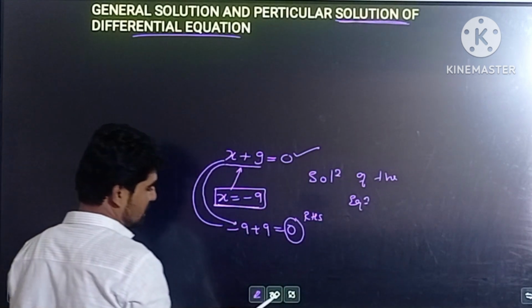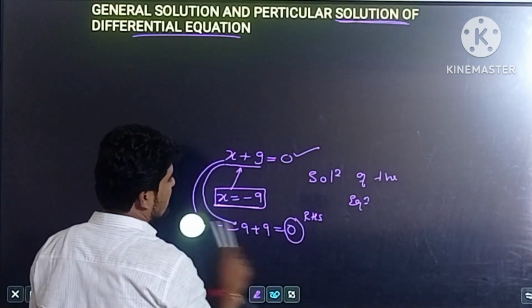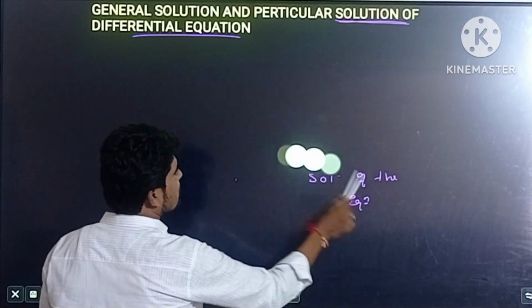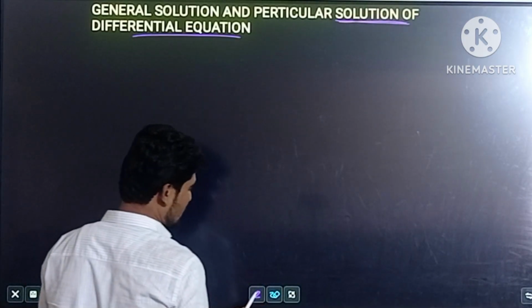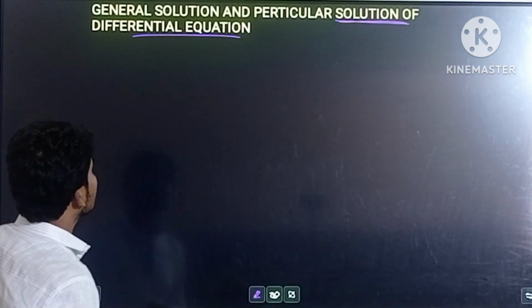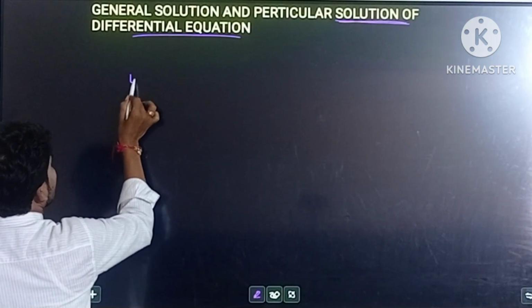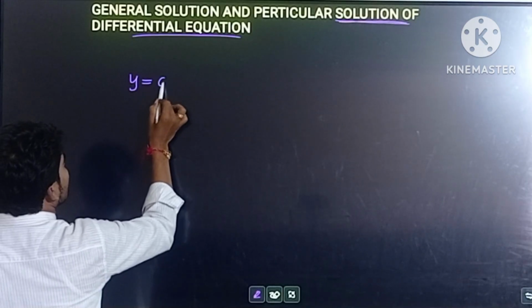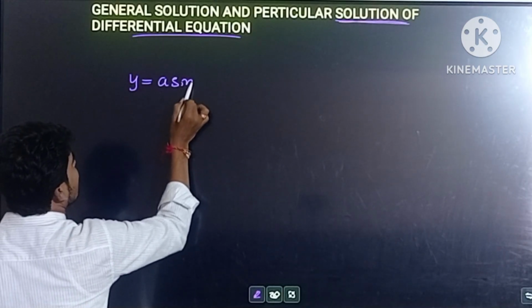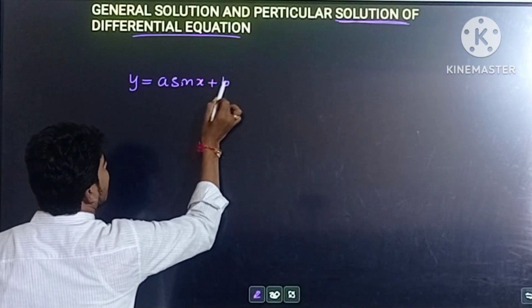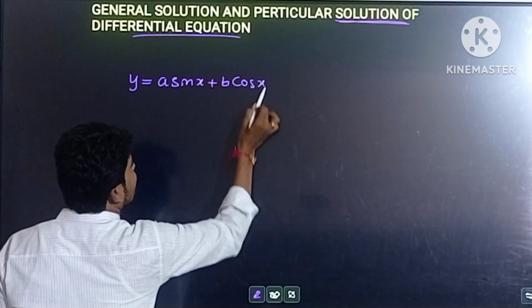To understand briefly the solution of the differential equation, let us consider one example. Suppose y equals a sin x plus b cos x is one of the solutions.